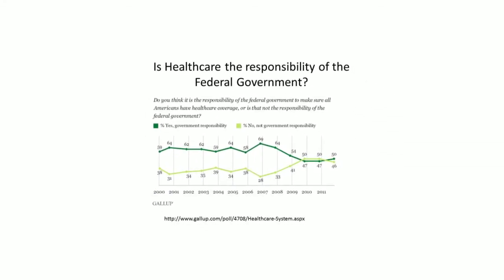Now, looking at the question as to whether or not the federal government has any responsibility for providing health care for its citizens, Gallup has examined this question for many years. Looking over the period from 2000 to 2007, a large majority of people felt that yes, the federal government does have a responsibility in making sure that all its citizens are covered with health care in some way.